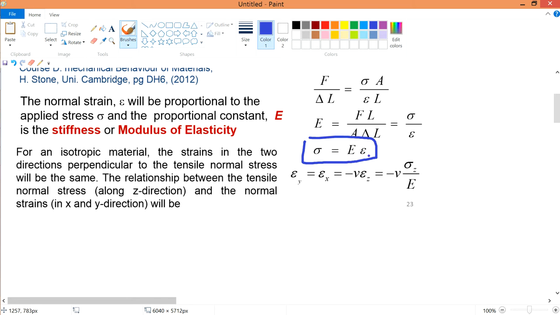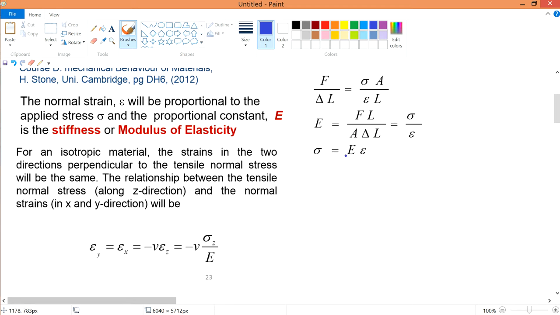Next I'll sub in my strain, and I'll just move my Young modulus down. In other words, I'll have this strain.